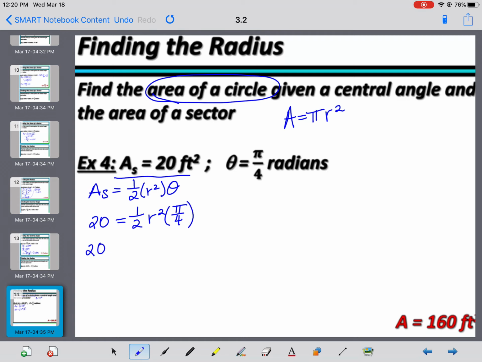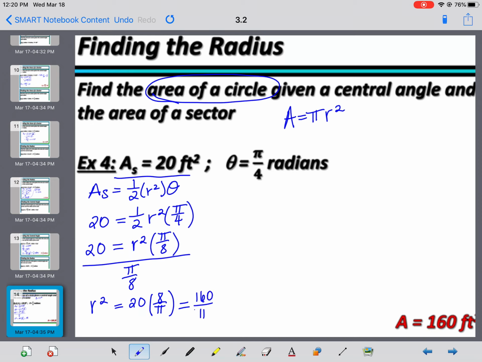So 20 equals r squared times pi over 8. Dividing by pi over 8, r squared equals 20 times 8 over pi, which is 160 over pi.